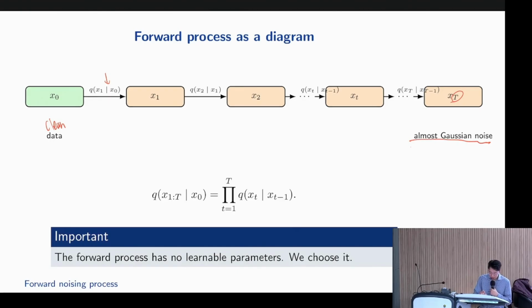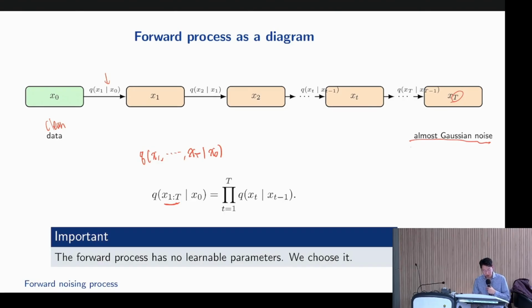Okay, so this notation here is just a shorthand, in case you've never seen this: random variables x1 through xt conditioned on x0. It's just a shorthand notation.